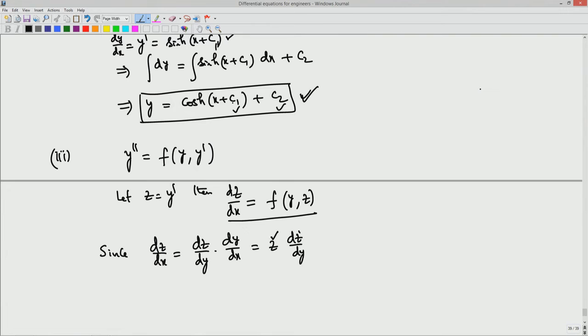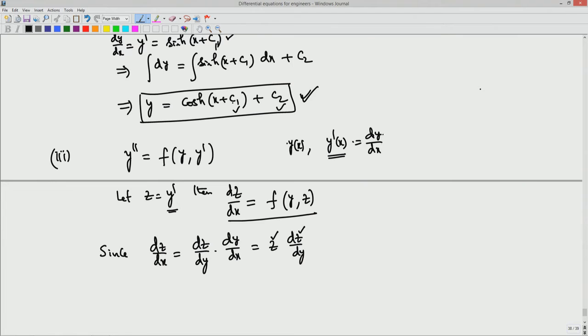if z is a function of y, if I can assume that. That means I have y dash that is a function of x, which is z. If y dash, that means you have a solution y(x) whose derivative y dash of x, this is also a function of x, right, y dash is dy by dx.